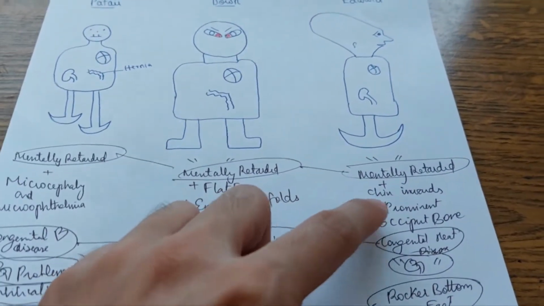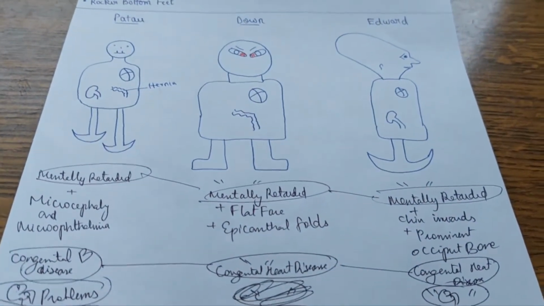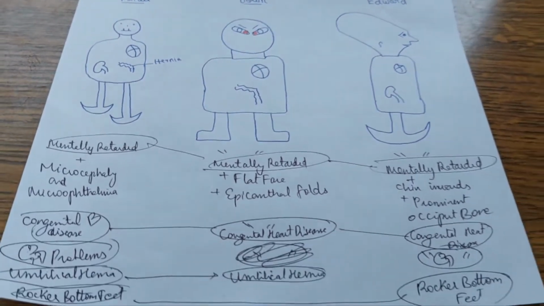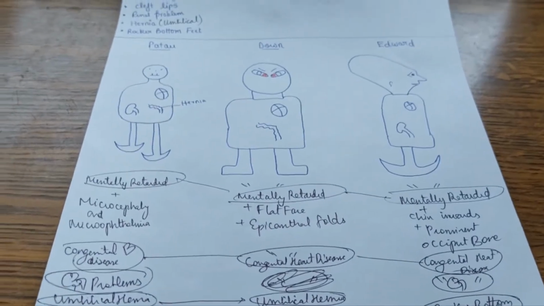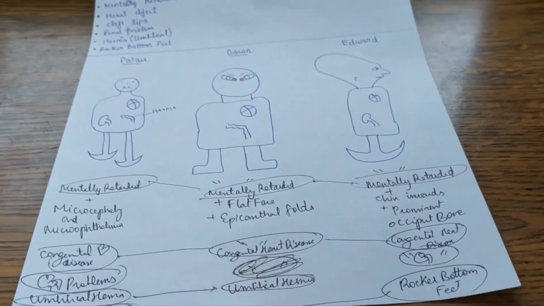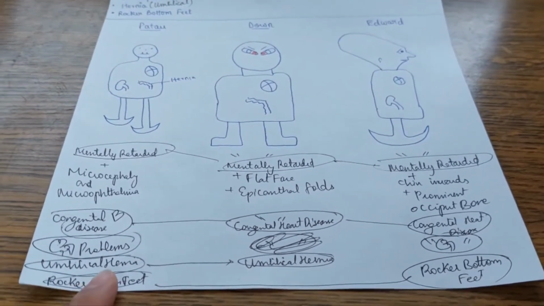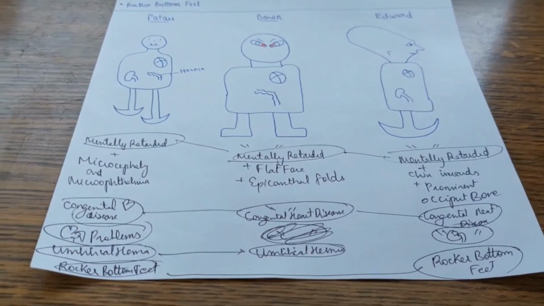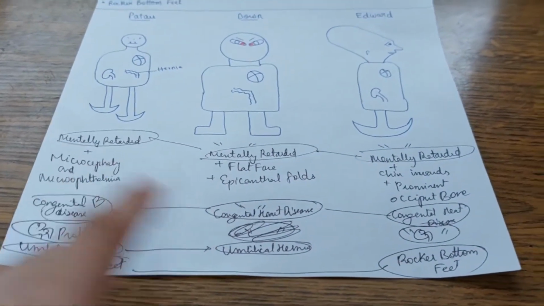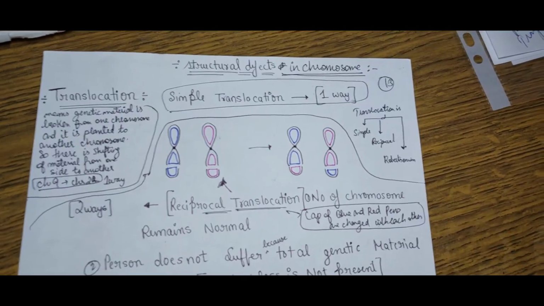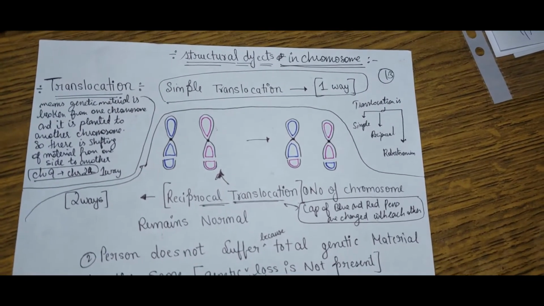A mentally retarded patient who has a flat face with epicanthal folds is Down syndrome, and a mentally retarded patient whose chin is inward and has a prominent occiput bone, we are going to think that it is Edwards syndrome. Then some other problems: in Patau we have renal problems, as well as in Edwards, but in Down we mostly don't have renal problems. We have umbilical hernia in Patau, and in Down. In Edwards we don't.